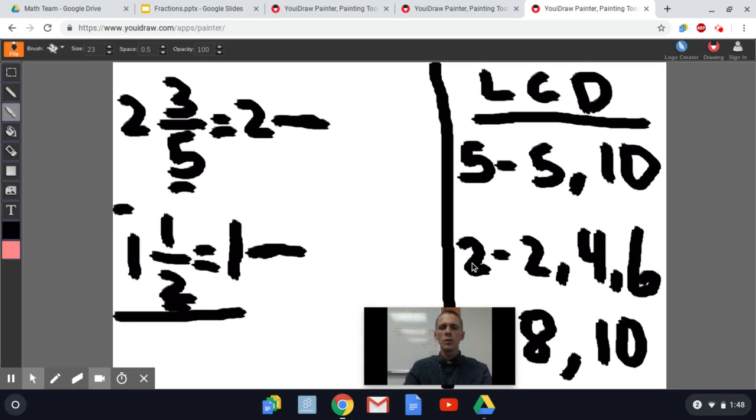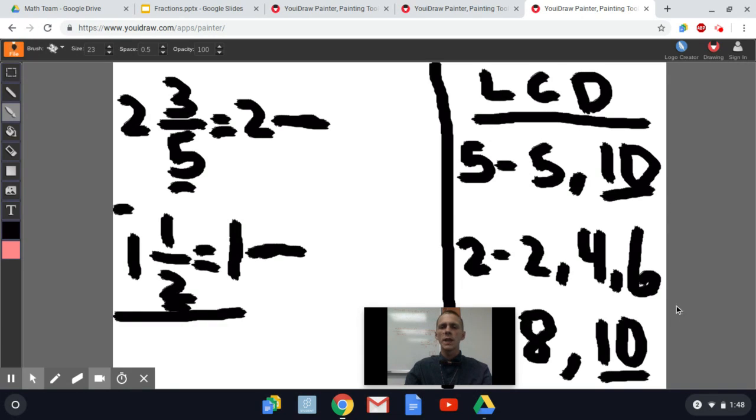And then I took 2 and counted its multiples up, 2, 4, 6, 8, 10, until I ran into a number they both have in common. Now again, if you write out a lot of the multiples of each number, you're going to have 1, 2, 3, 4 common numbers, but it's up to us to choose the lowest.